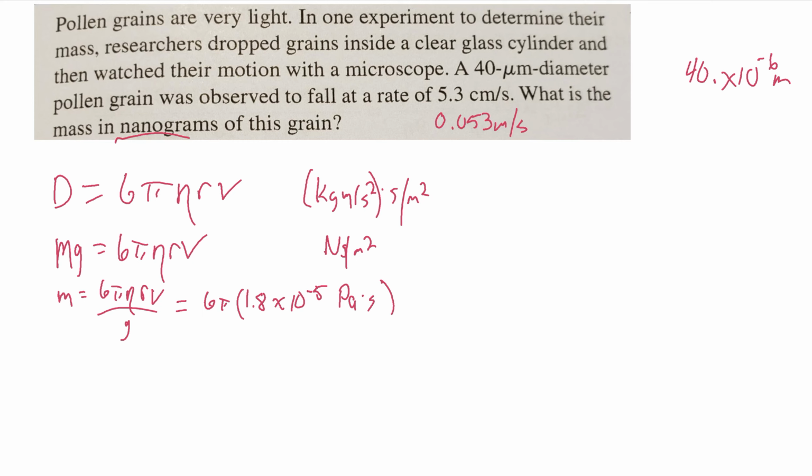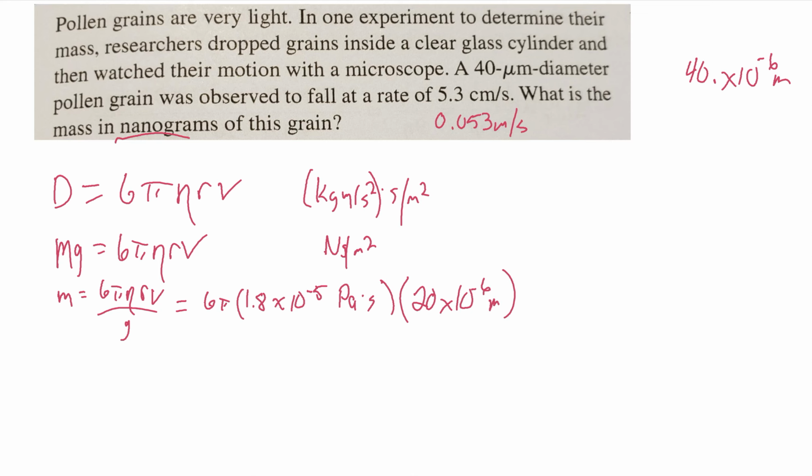That was eta. Now we need the radius. The diameter was 40 times 10 to the negative 6 meters, so the radius is half that: 20 times 10 to the negative 6th meters.